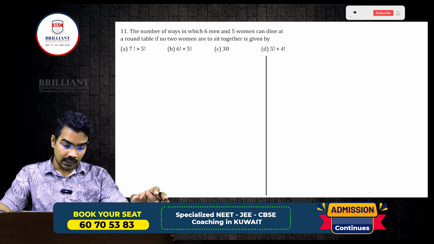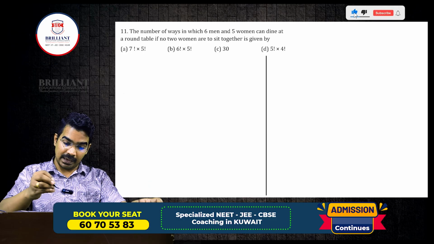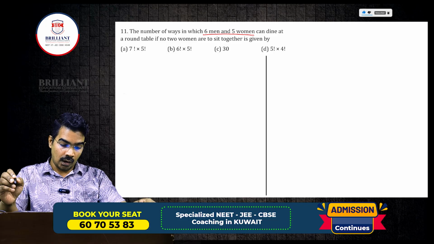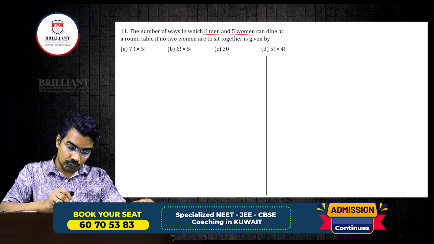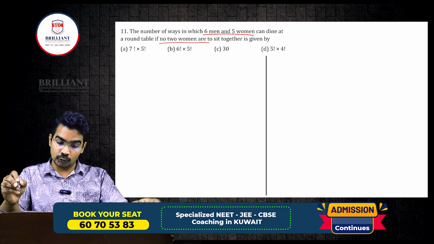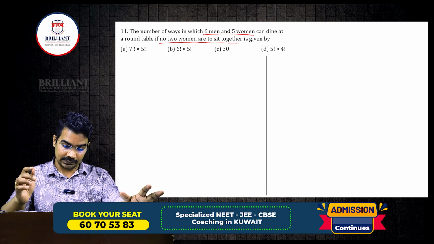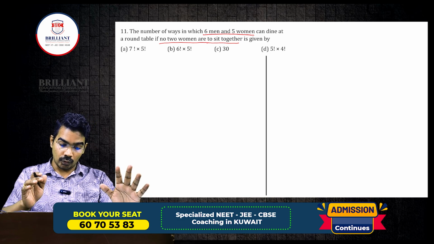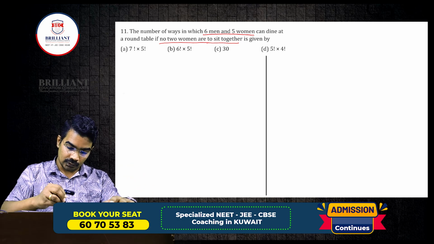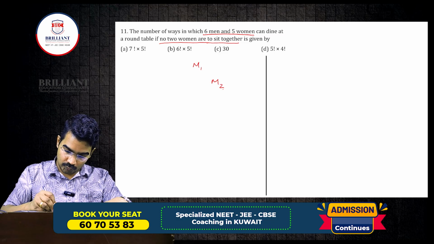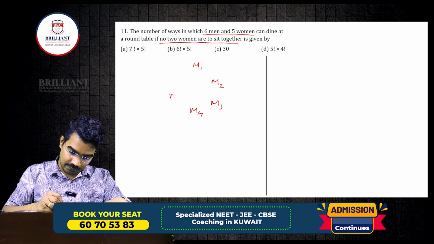So the next question: the number of ways in which 6 men and 5 women can dine at a round table if no two women are to sit together. So 6 men and 5 women are sitting around a table and no two women are sitting together. So first arrange the 6 men: M1, M2, M3, M4, M5, M6.